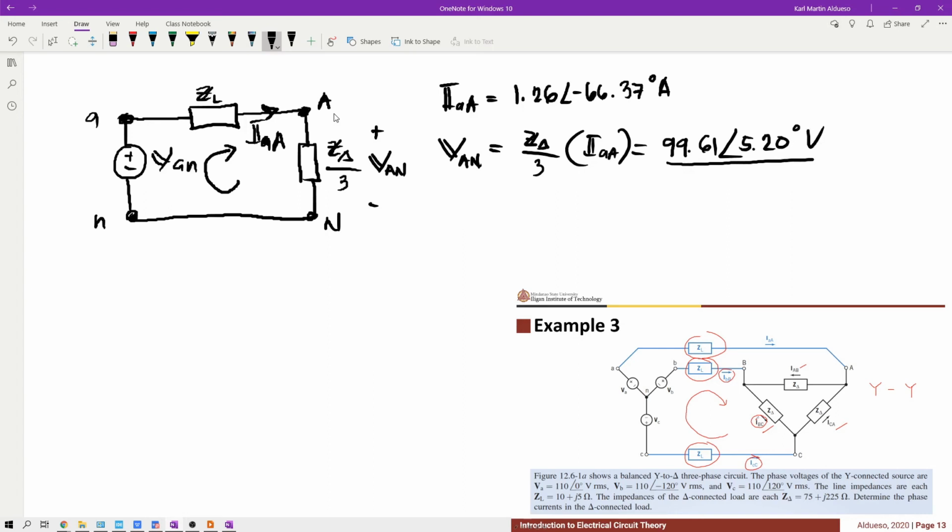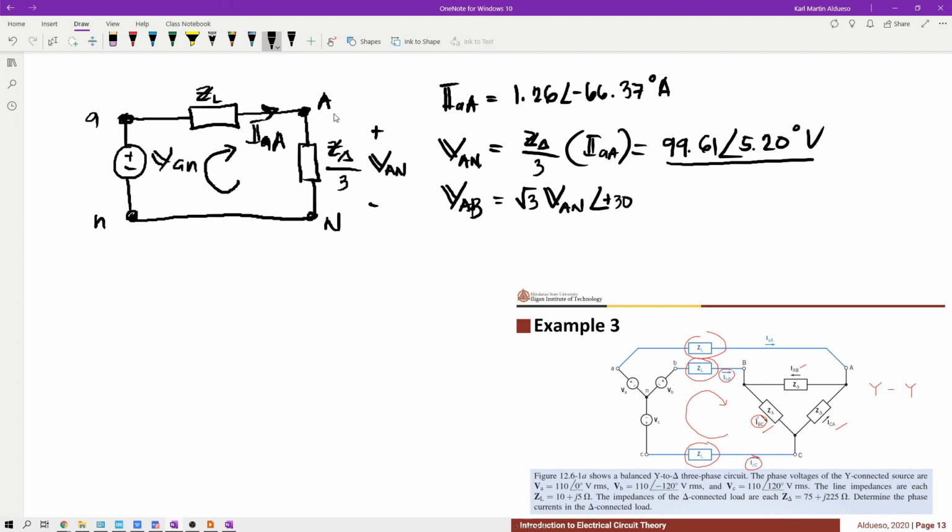Now if we have the value of the phase voltage at the load side, VAN, we can relate this to the line voltage VAB. So VAB is equivalent to square root of 3 times the phase voltage VAN, and you add 30 to the angle.